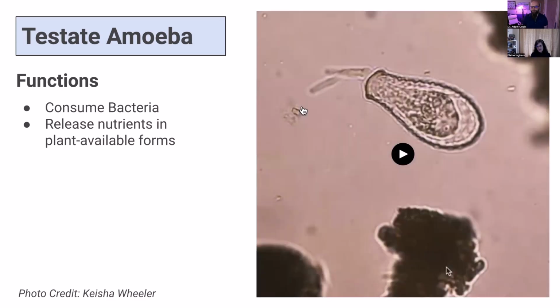If you see that pseudopod start to go around the bacterium, but decide that bacterium is like, ugh, I don't want to eat that, it will undo the engulfment, just pull back on the pseudopod and go off in another direction. So they're very picky, these organisms. They don't eat just any old bacteria.